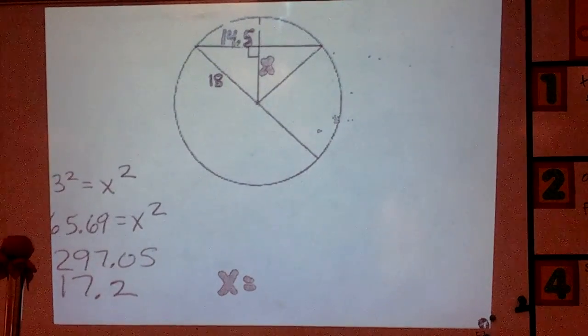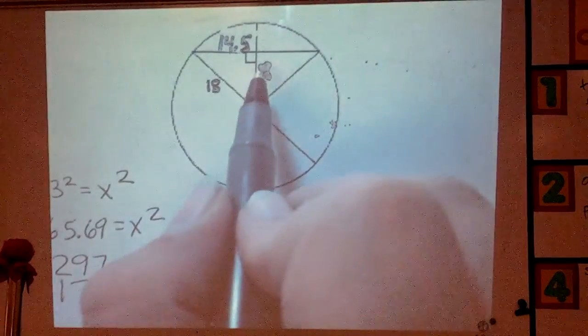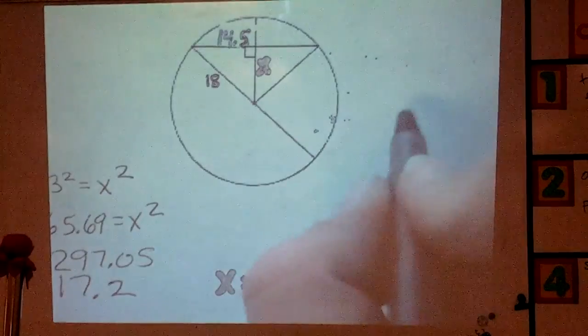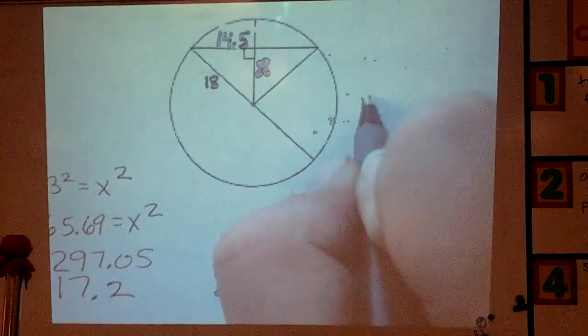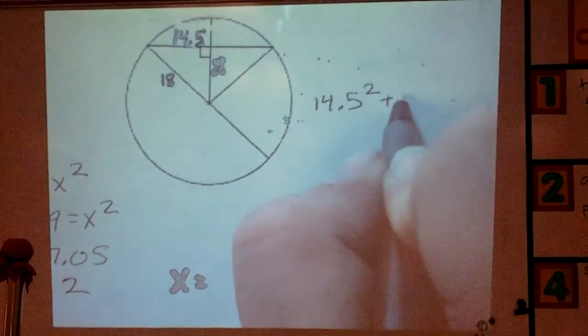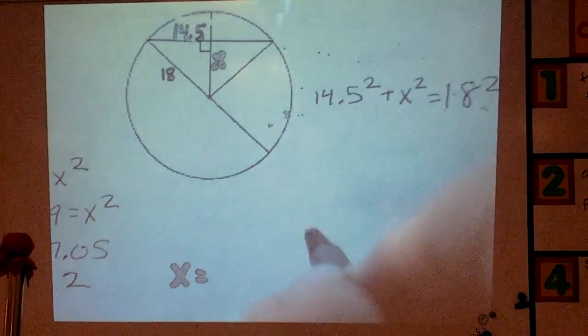Last but not least, this one is a little bit different because I'm going to be solving for one of the legs. So my equation would look like 14.5 squared plus x squared equals 18 squared.